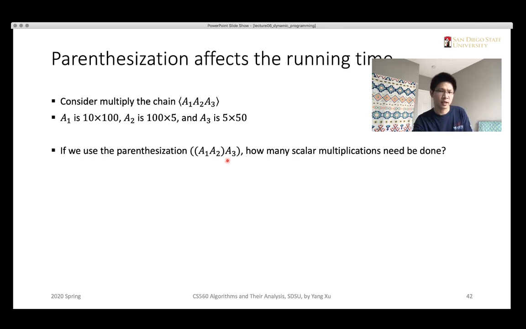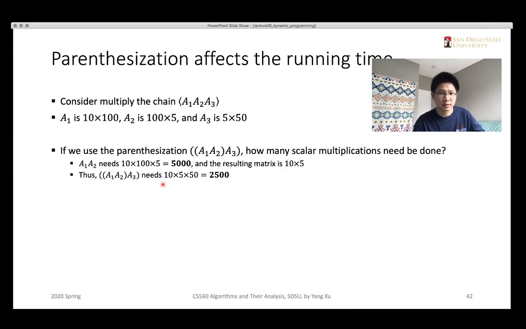In this case, how many scalar multiplications need to be done? According to our previous slide, we just need to consider the quantity P times Q times R. For A1 times A2, P times Q times R is 10 times 100 times 5, which is 5,000. And the resulting matrix is a 10 by 5 matrix. That's our first step.